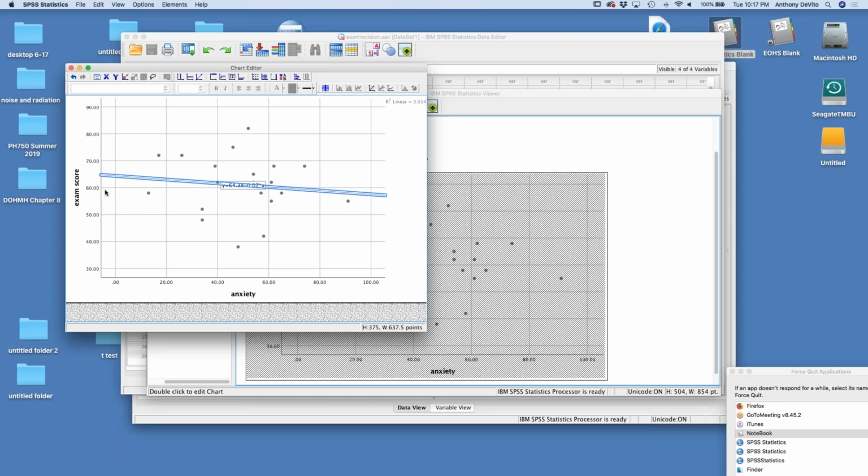Why is that? A flat line tells you that no matter what the anxiety level is, you have the same exam score, right? So if it's dead flat, that suggests that you don't have a correlation. The dots are so scattered and this is so flat that I don't see anxiety having that much of an influence on this particular exam.